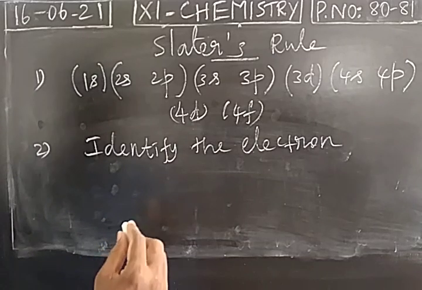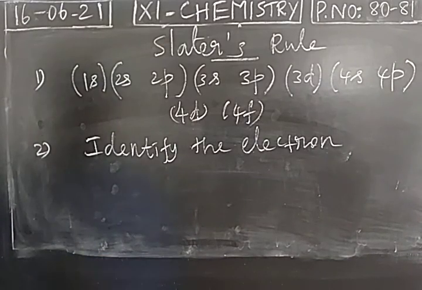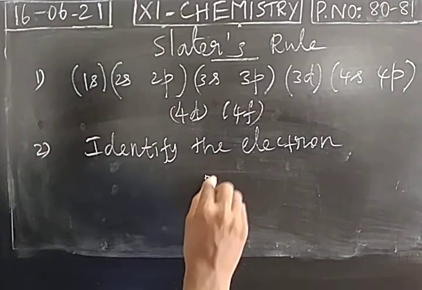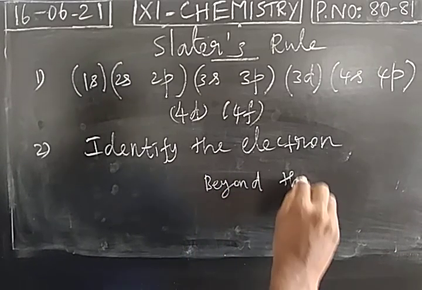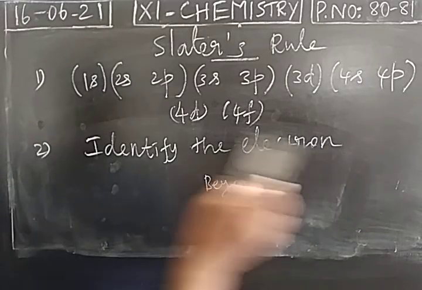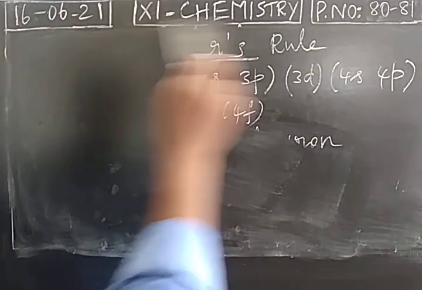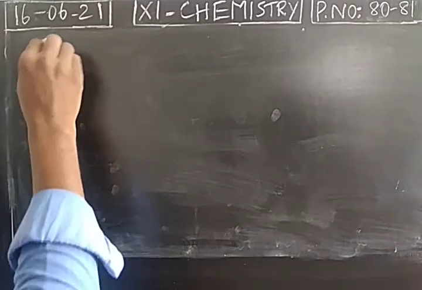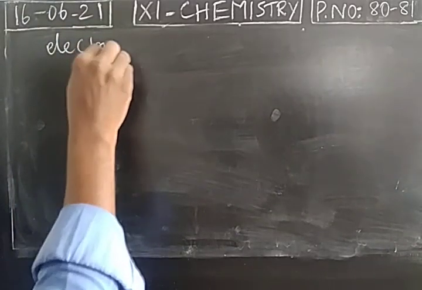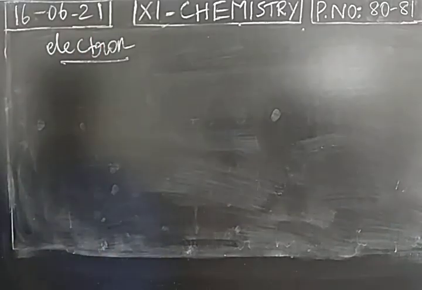So you are selecting one particular electron. In the second step, you are selecting an electron.